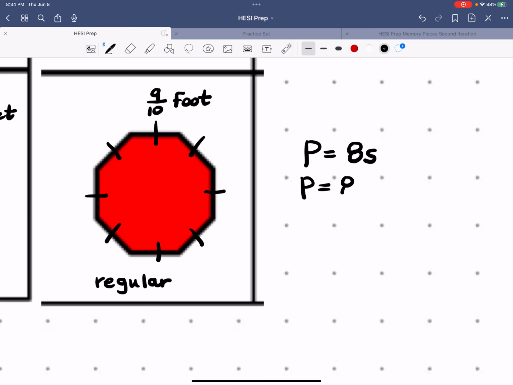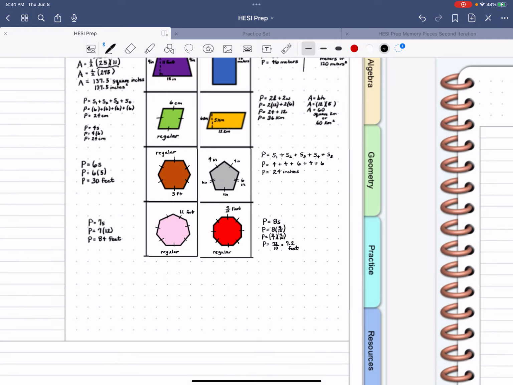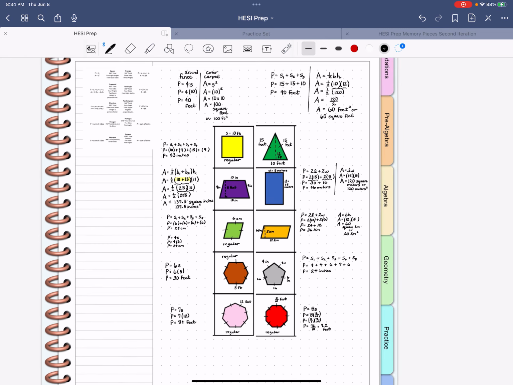And that is 8 times 9/10. You can think of this as 8 over 1 times 9 over 10. Top times top. Bottom times bottom. And then go ahead and simplify. 7.2 feet. So you can absolutely have fractions in these formulas.